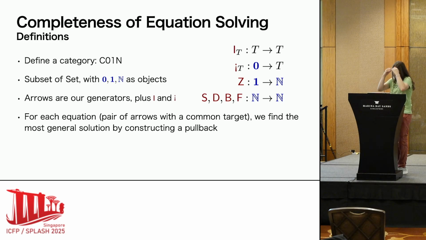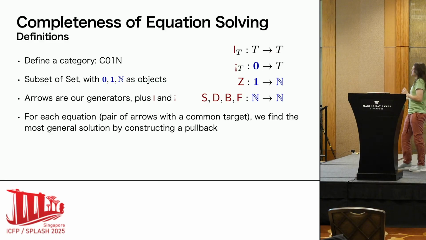But now the more important part is we want to prove that we have complete equation solving. That is, for every 2 numbers in our language, every equation of 2 numbers, we can put out a solution. And moreover, we can spit out the best solution.